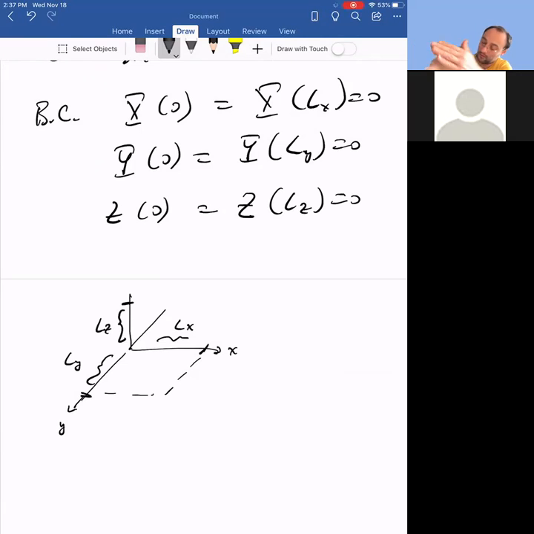Okay, so I'm only drawing the xy plane. So the wave function has to be 0 on these edges, and then here, here, here, and on the sides.